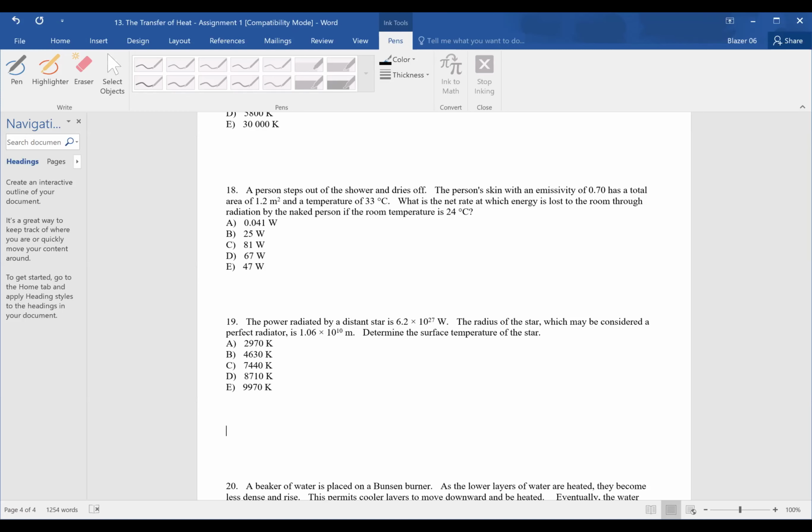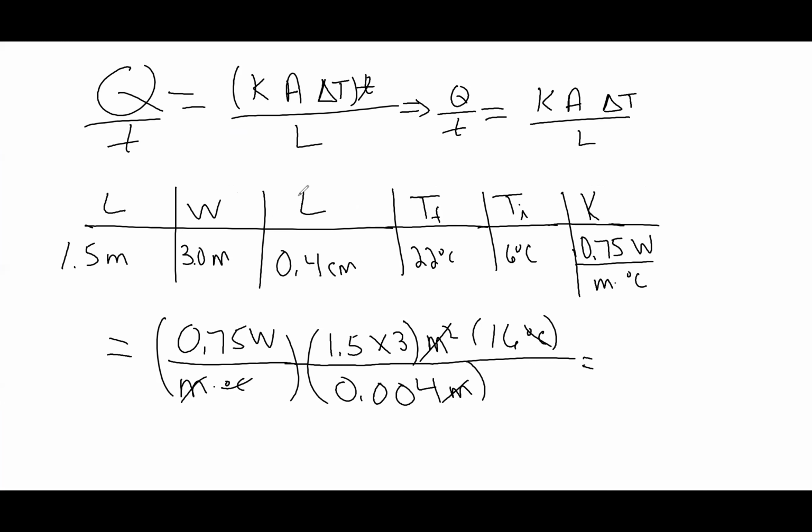So we have a different equation for that. So let's go to our whiteboard and solve number 19. Okay, so this is the equation for the heat that's transferred through a material. Now we're going to use the Stefan Boltzmann law to solve the next problem.